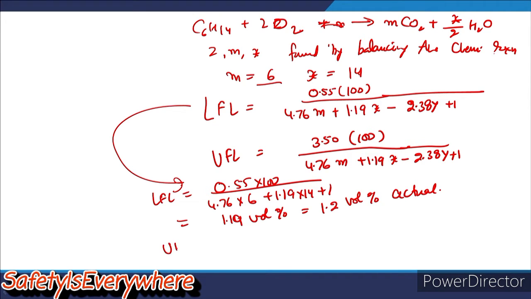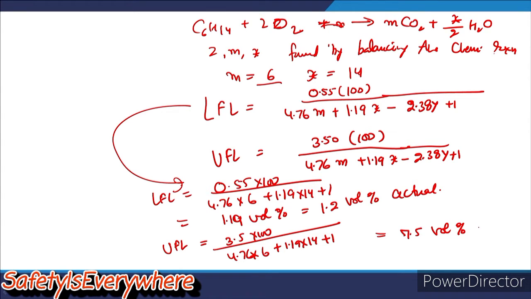Similarly, let us have a look at the UFL. This is 3.5 into 100 divided by 4.76 into 6 plus 1.19 into 14 plus 1, and this is 7.5 volume percent on an actual basis.